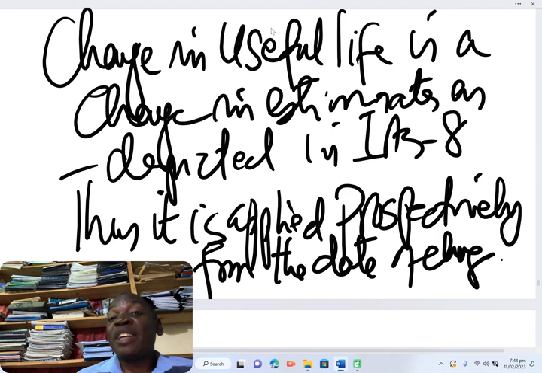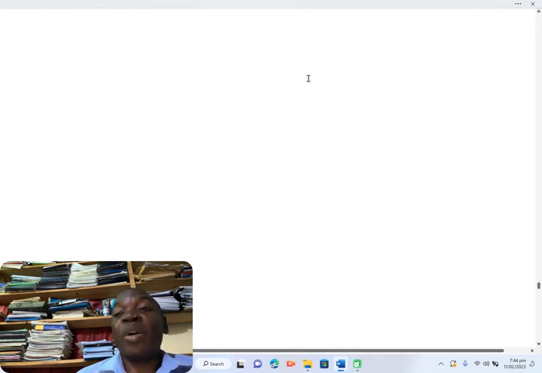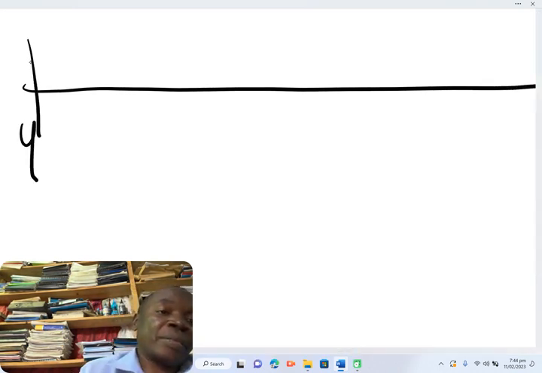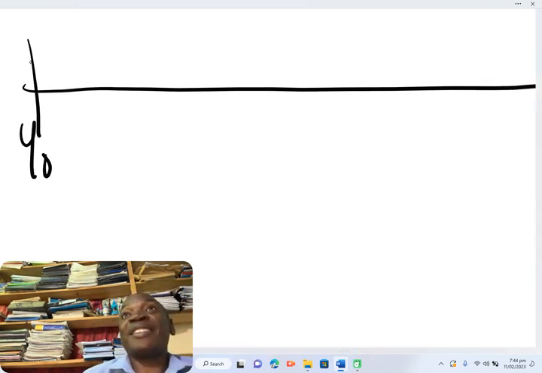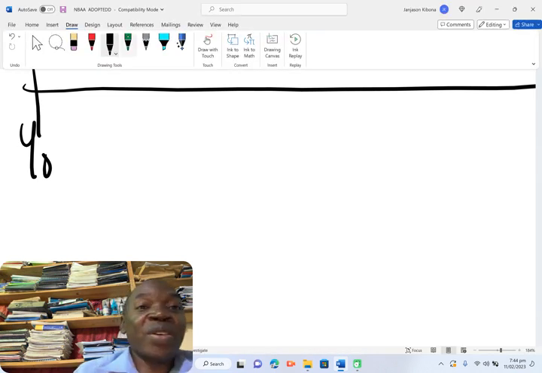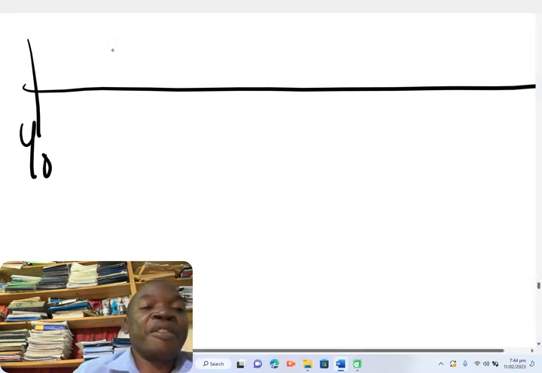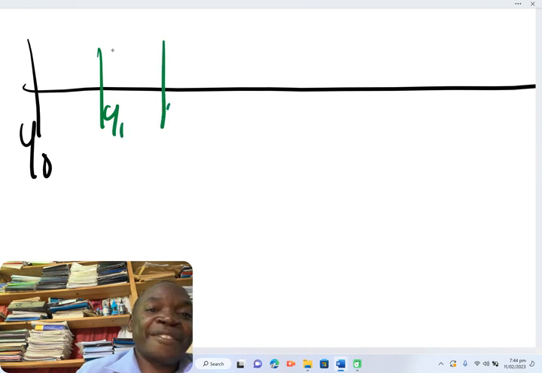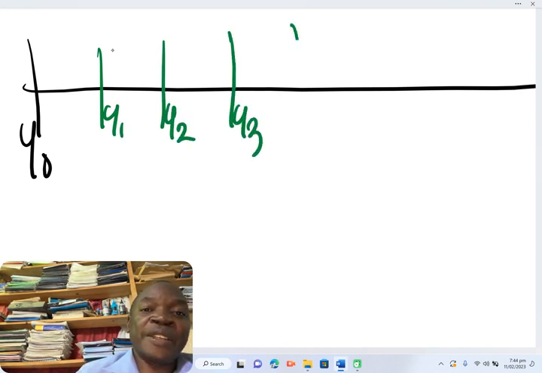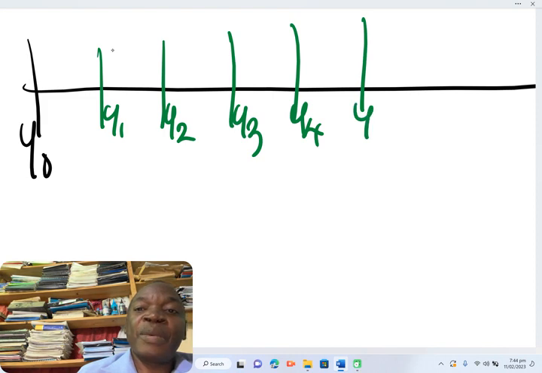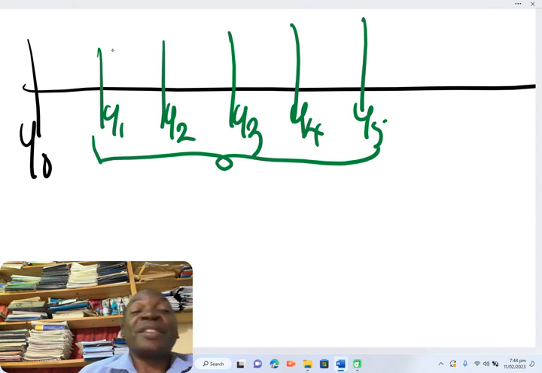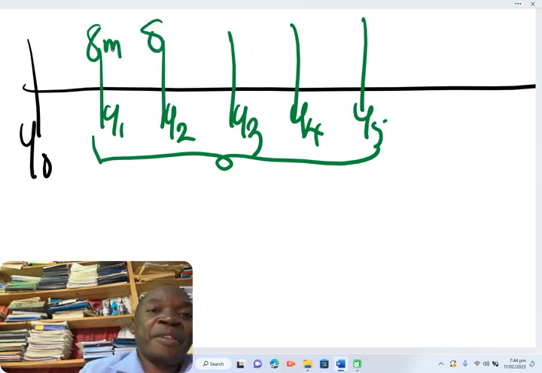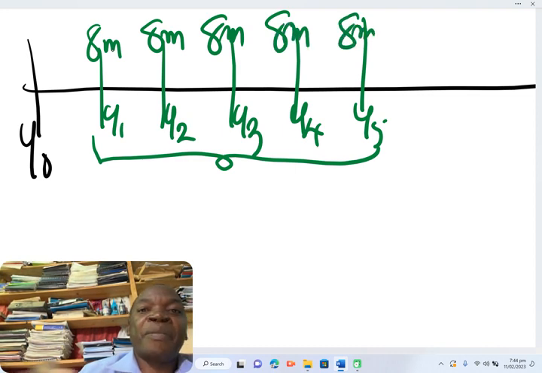Sasa you have to be very much clear from this wording. Kwa hiyo nasema from year note, the cost is known. So we have made year 1, year 2, year 3, year 4, year what? 5. So how many depreciation has gone? We have 8M, 8M, 8M, 8M, 8M.